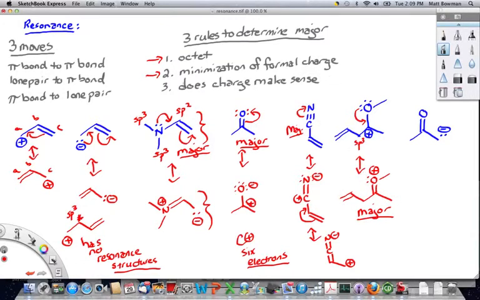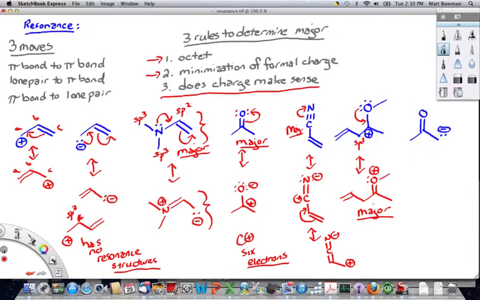And the third rule, does charge make sense? This rule is the most misleading rule. This is a last circumstance only type rule. Only when you cannot decide between using rule 1 and rule 2 do you go to rule 3. Only then.